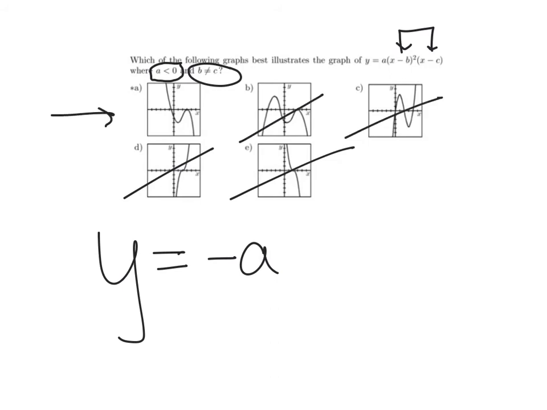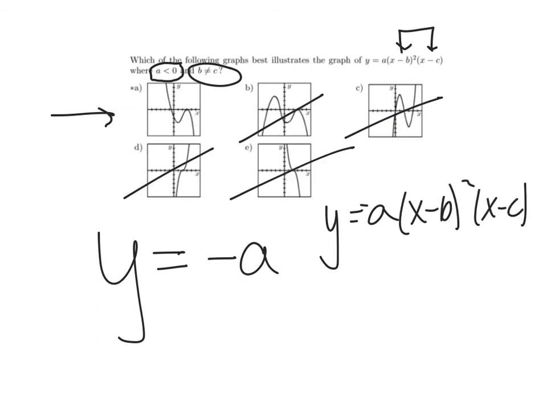And now let me verify some other things. If I were to FOIL this out, okay, so y equals, we're going to call it negative a, times (x minus b) squared times (x minus c). Okay, what do I know? I know that this biggest term is going to be x squared because it's getting squared, and I'm multiplying it by an x, which should give me an x cubed.